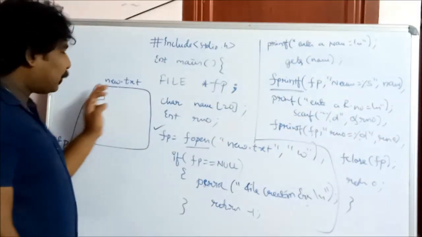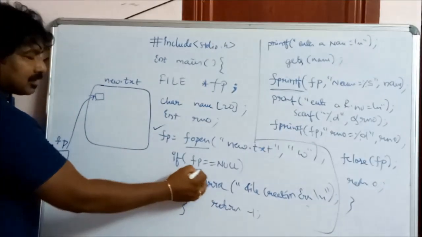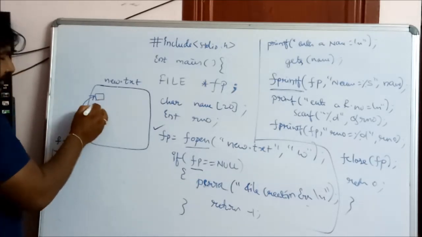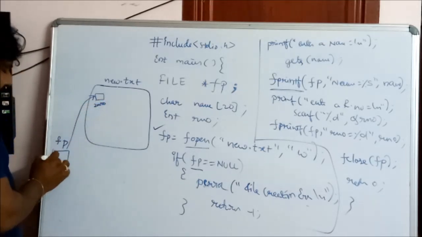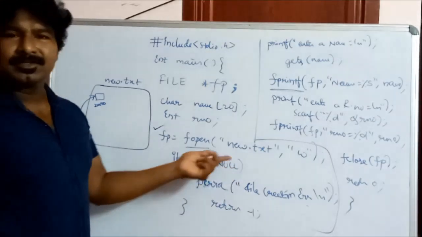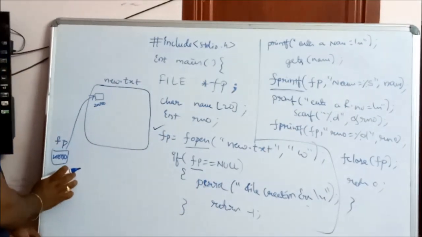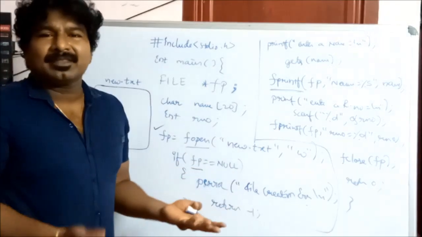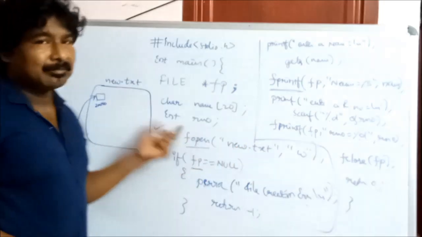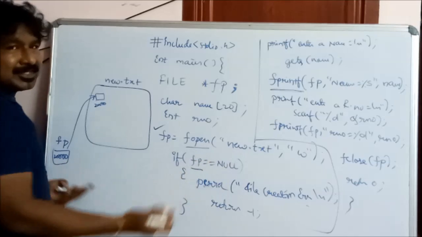Here, this one is the address of this particular byte. If its address is some 20,000, fp will have 20,000 here. So 20,000 equals to null is false, so we don't go there. If this file is not created, fp will have a null value. Null equals to null is true, so you will stop the execution if the file is not created. But in this case the file is created, so there will be some address. Address equals to null means not equal.